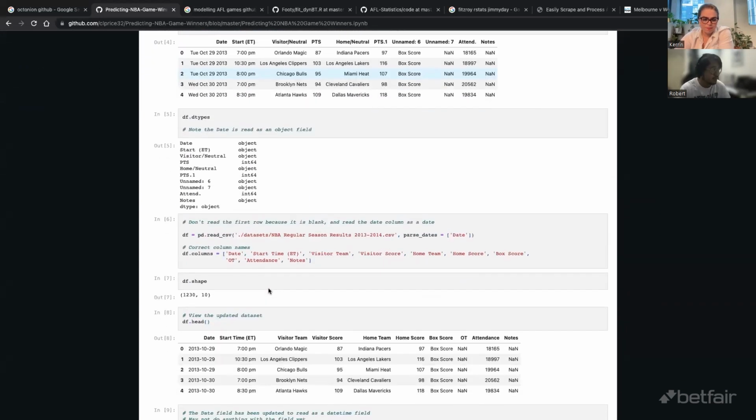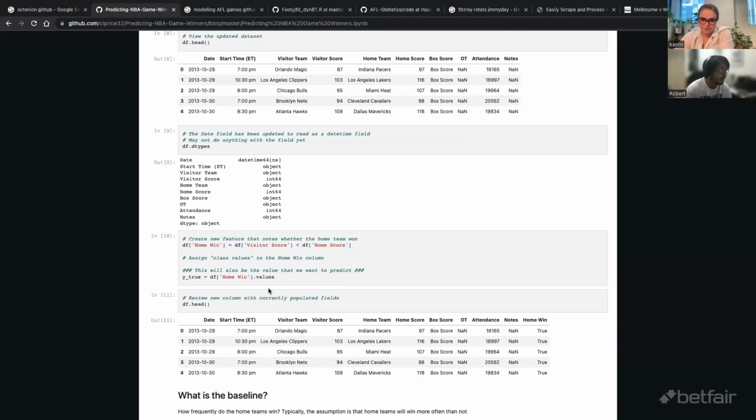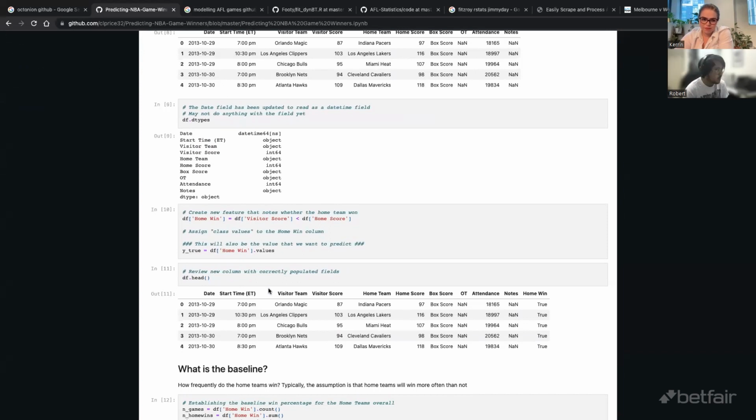And once you can run an example, you can change it and input your own ideas, your own beliefs, and test out your own things. So maybe you want to move from only using scores to using some sort of summary statistic of player information instead of scores, or whatever it might be.